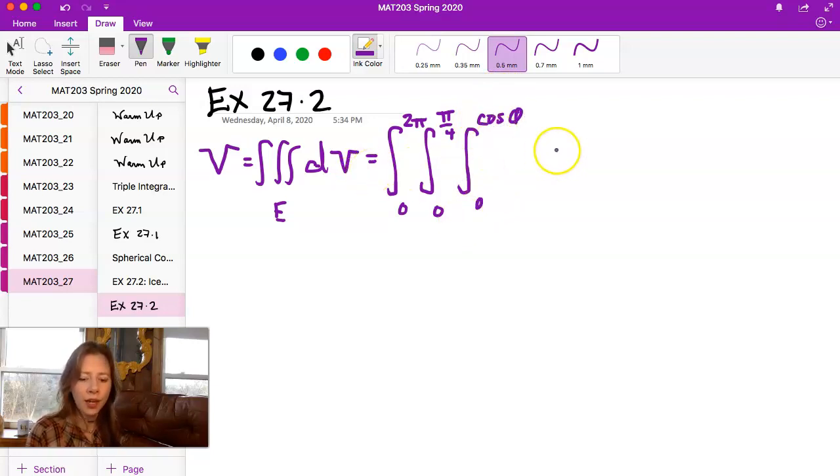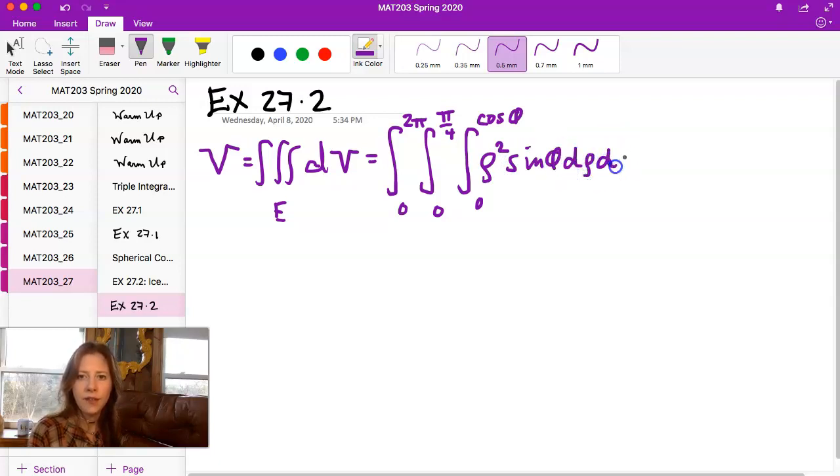And remember, dV in spherical coordinates becomes rho squared sine phi d rho d phi d theta.